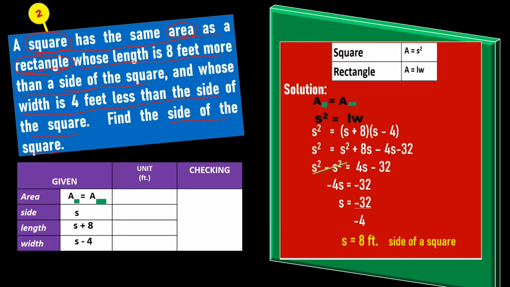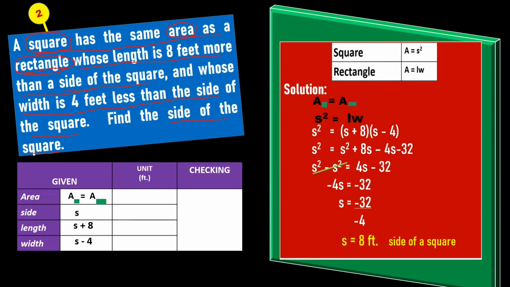So substitute lang natin ang mga values na to dito sa formula na to. So, ano yung length? Ang length ay S plus 8. Ang width ay S minus 4. So ito na yun. So, we have here S squared is equals to the quantity of S plus 8 times the quantity of S minus 4.